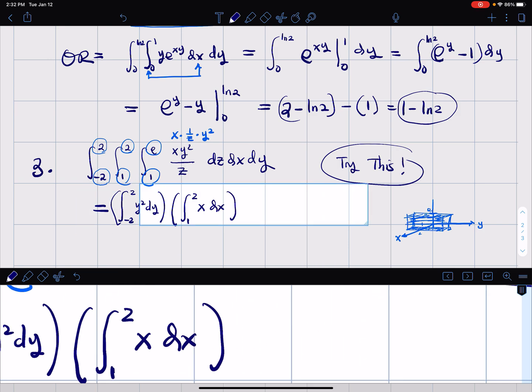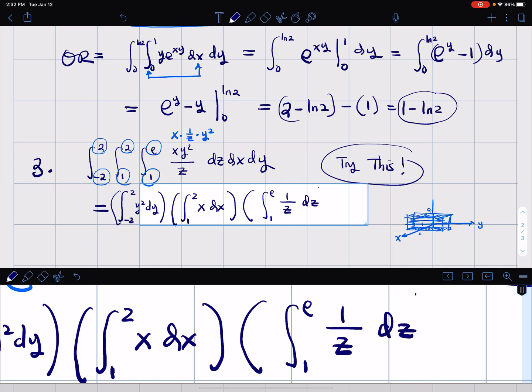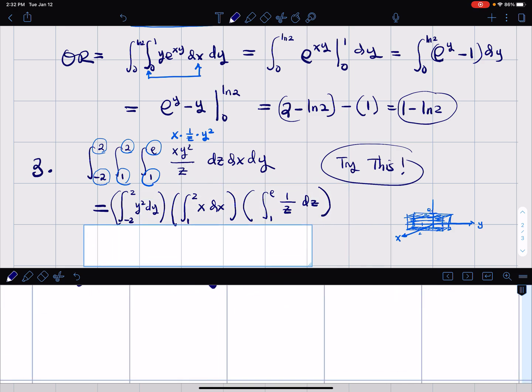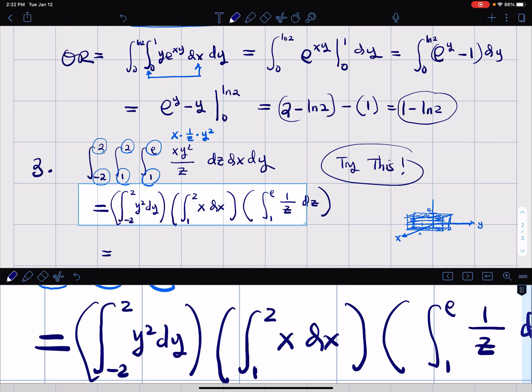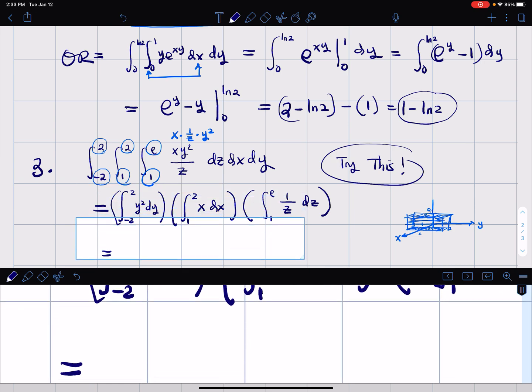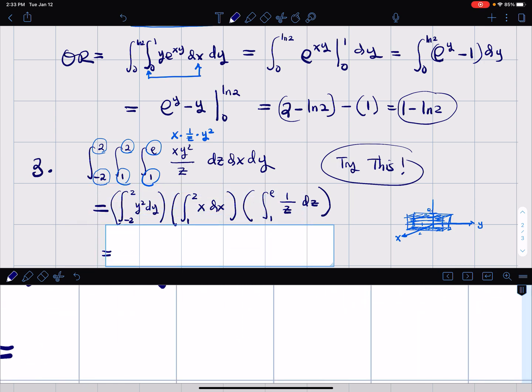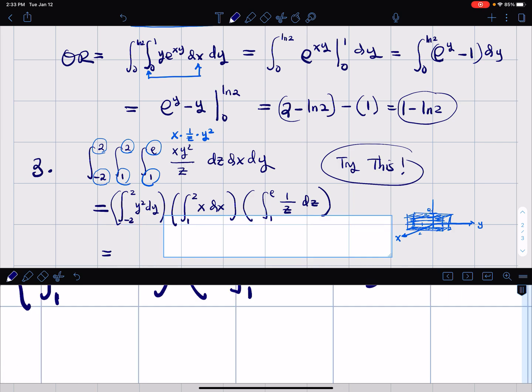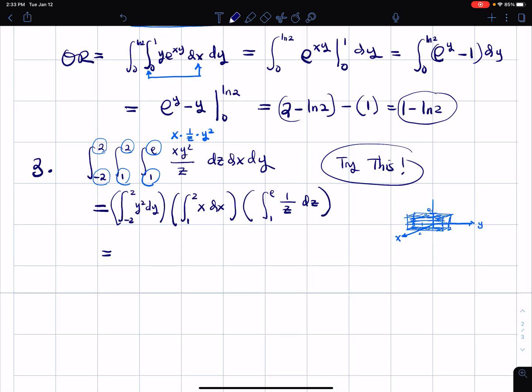Easy integral to calculate. And the integral from 1 to e of 1 over z dz. Easy integral to calculate. So I want you guys to try each of these integrals, get the answers, and multiply the three numbers. I want you to tell me in class how you did it. Okay, we're going to stop here.